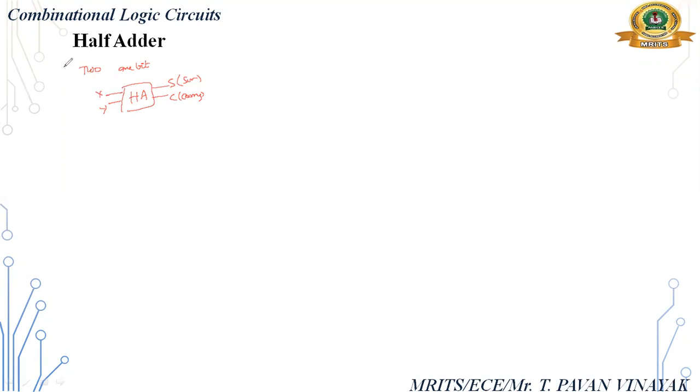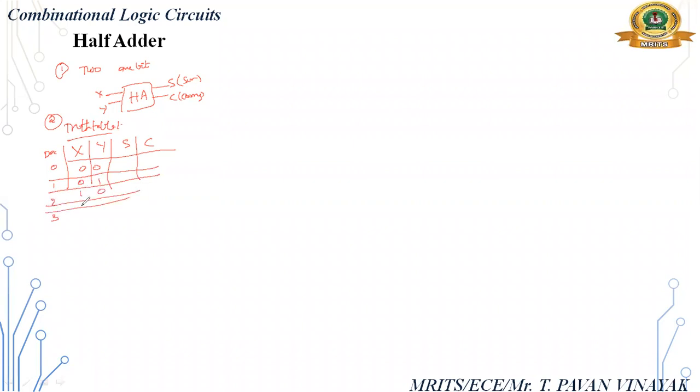So this is the block diagram, step 1. Step 2, truth table. Write the truth table: X, Y, sum, carry, decimal numbers 0, 1, 2, 3. Inputs 00, 01, 10, 11.